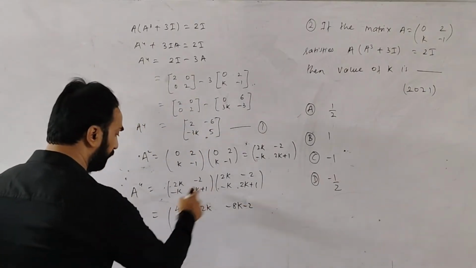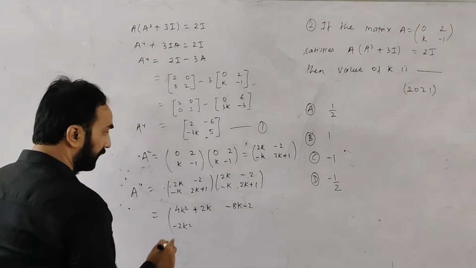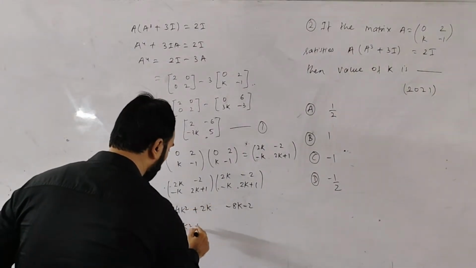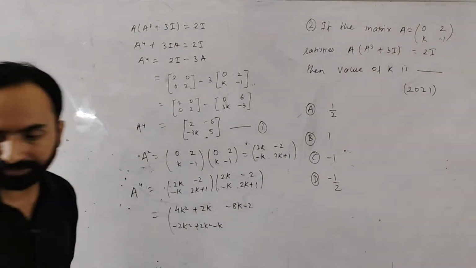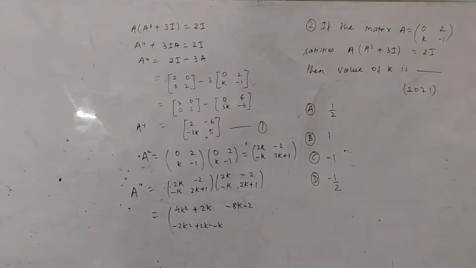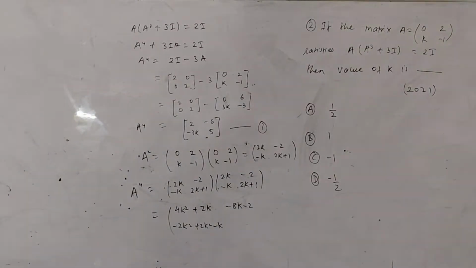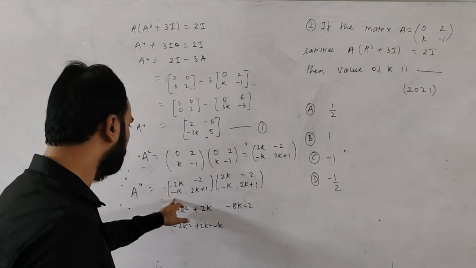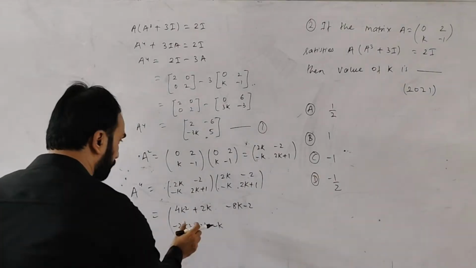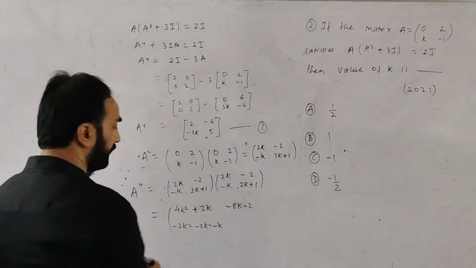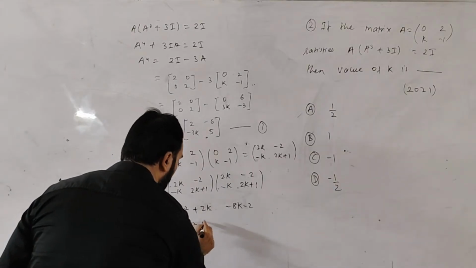Second row first column: minus 2k square, minus 2k square, so I can directly write minus 4k square, and minus k.